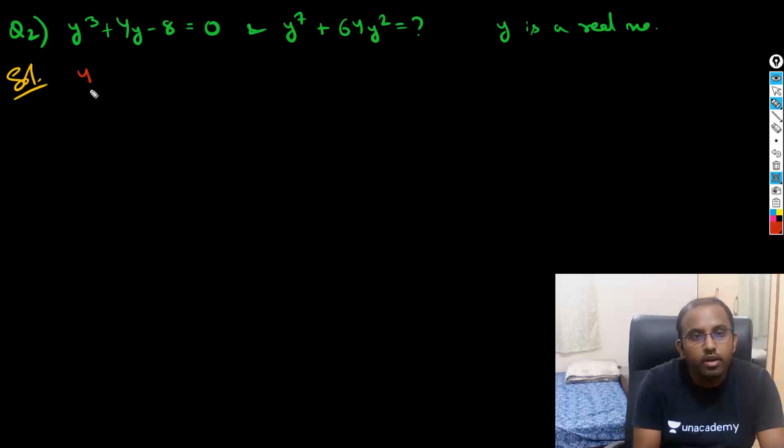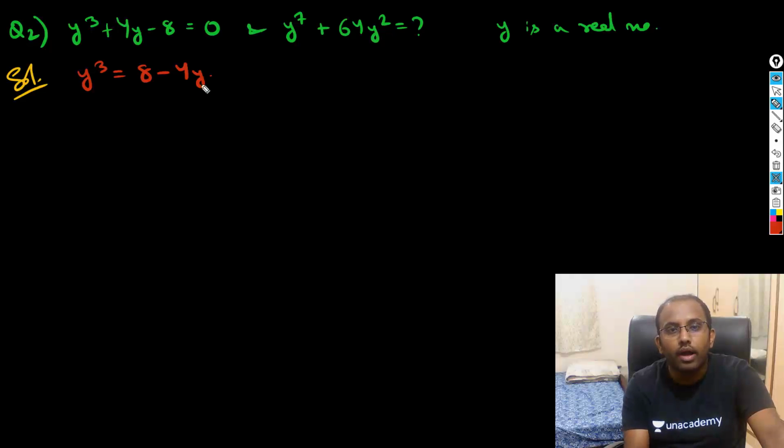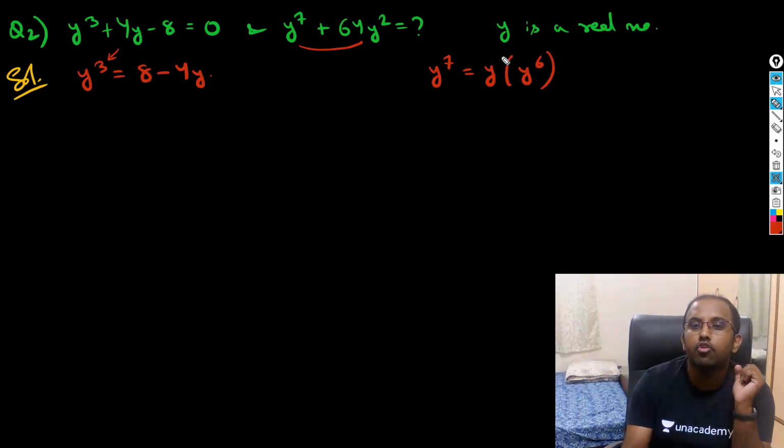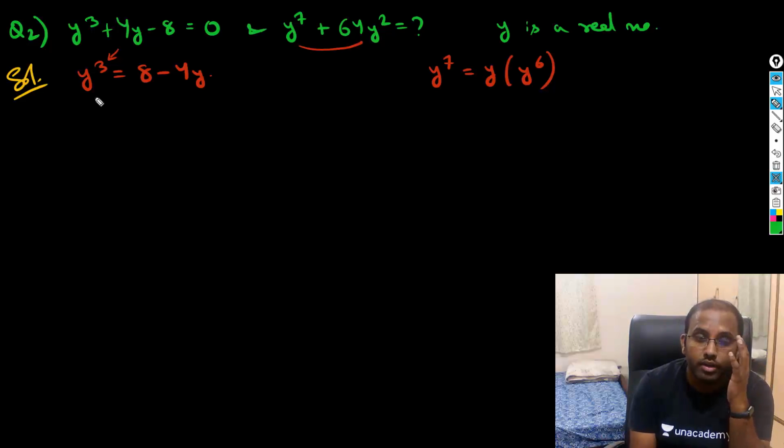You can see here y cube is equal to 8 minus 4y, correct? And y7 we can reduce as y7 is equal to y into y raised to 6, because I have a cube form here, so I can get power 6 also from here. Now if I solve it, let's square it.